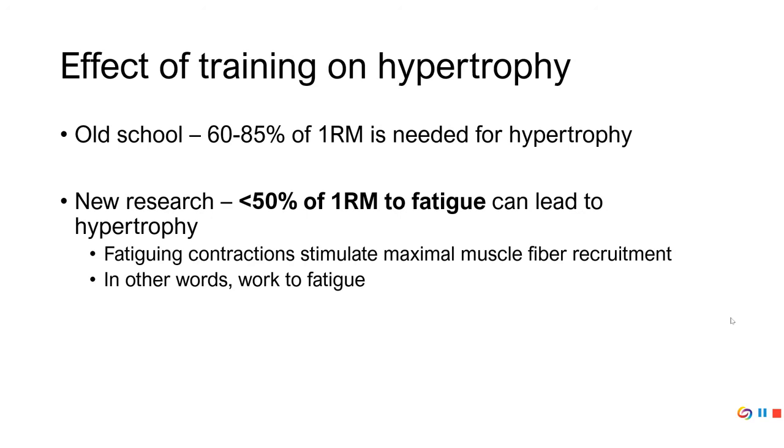The fatigue is what will stimulate the hypertrophy to occur, because at the end, when you're fatigued, you're recruiting all the muscle fibers that are available. They're not able to do what you want them to do, and so structural changes are needed so that later on you can do that same thing.